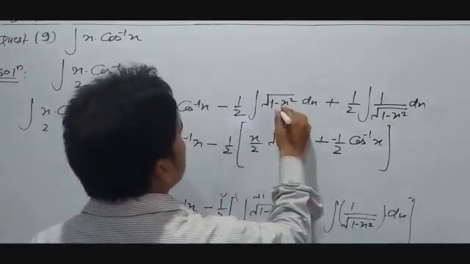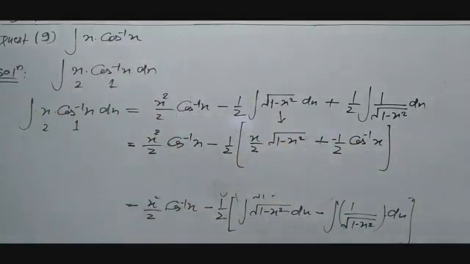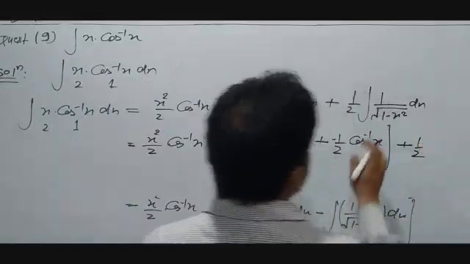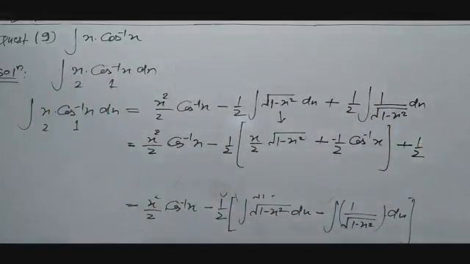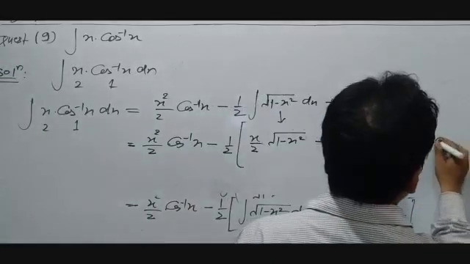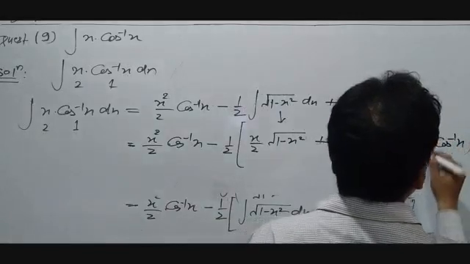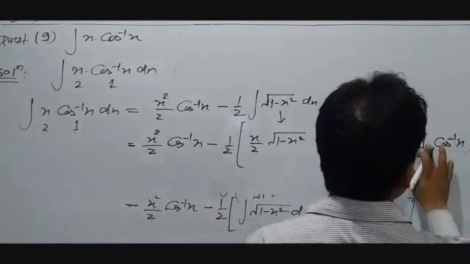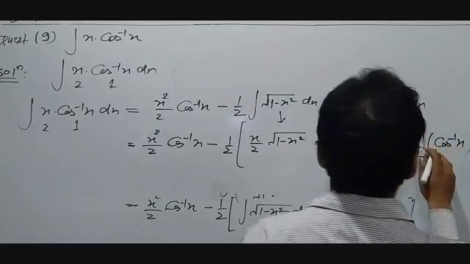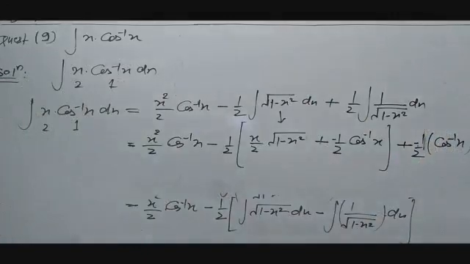This is the integration of root over 1 minus x square. Now plus 1 by 2 integration of 1 upon root over 1 minus x square, which can be written as sin inverse x; also we can write it as minus cos inverse x. Now this is the result of integration.